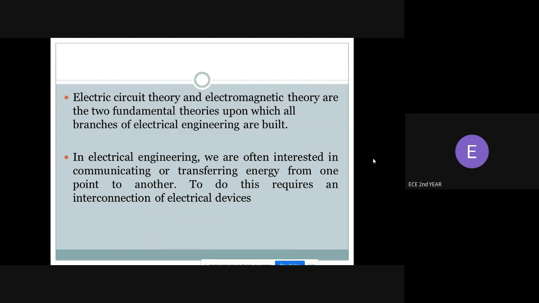In electrical engineering, we are often interested in communicating or transferring energy from one point to another. To do this requires an interconnection of electrical devices.